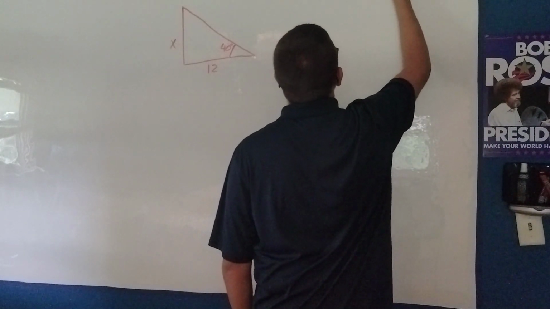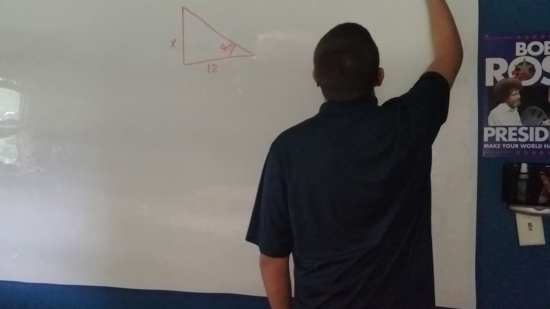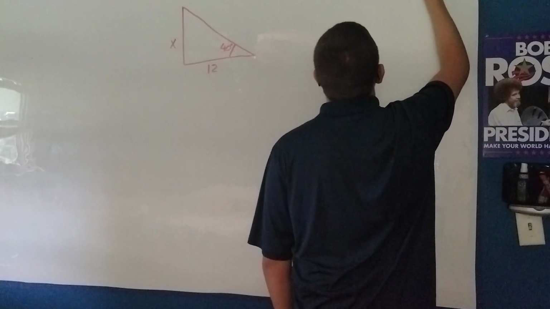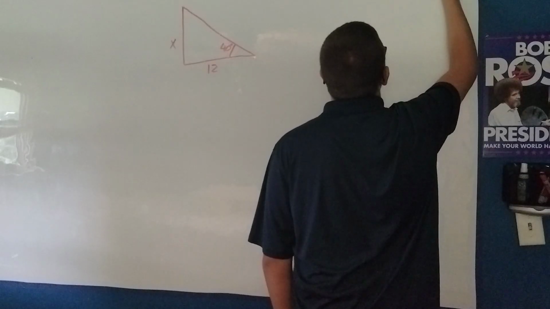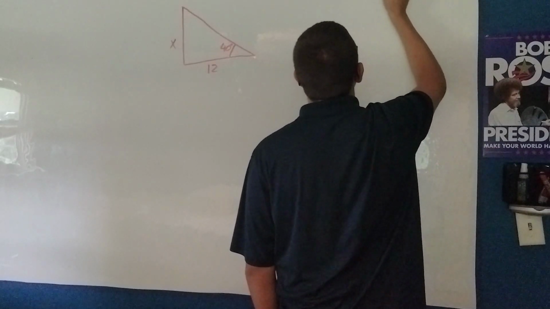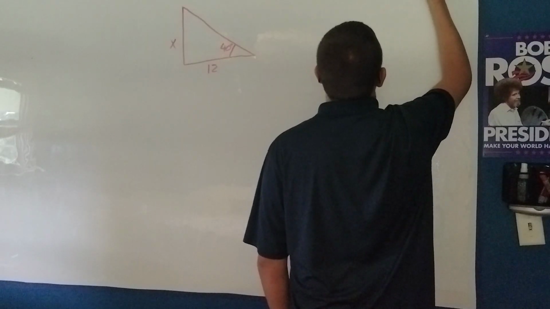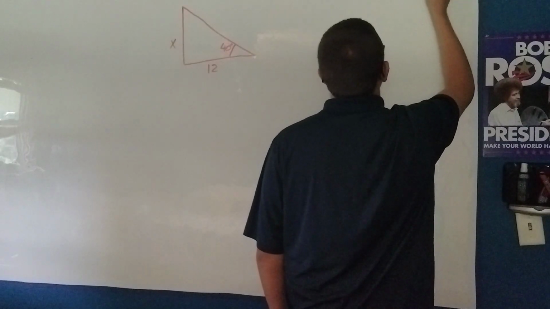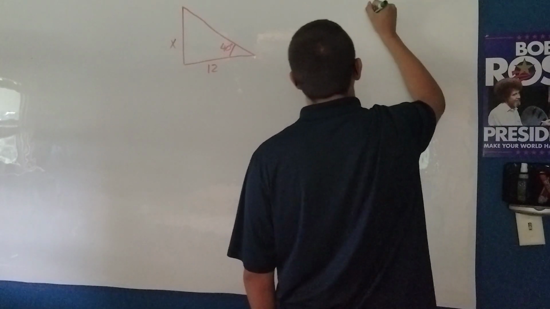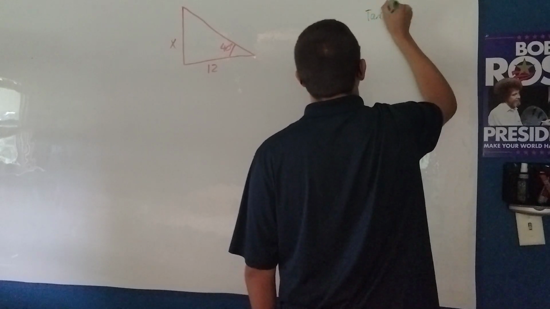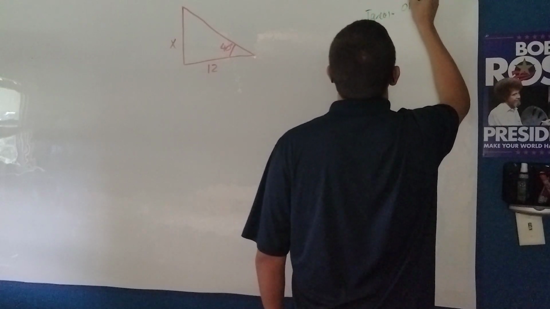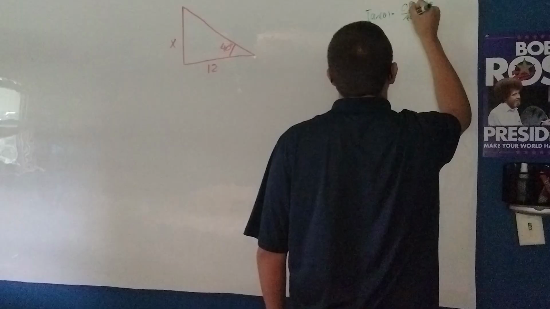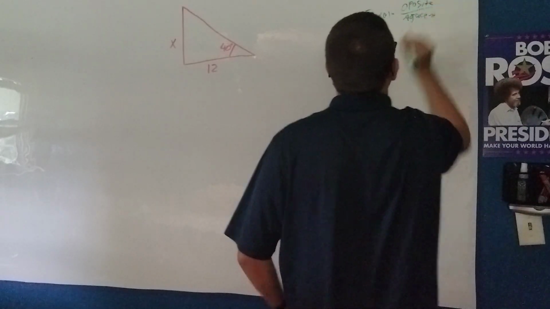So we have the sine is the opposite over the hypotenuse. The cosine is the adjacent over hypotenuse, and the tangent is the opposite over adjacent. Like that.